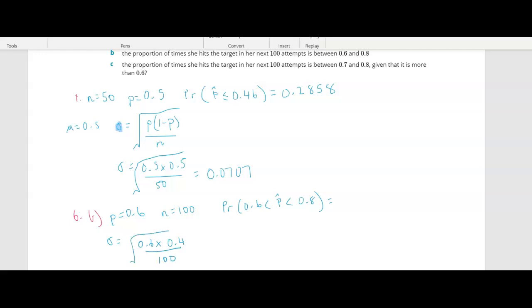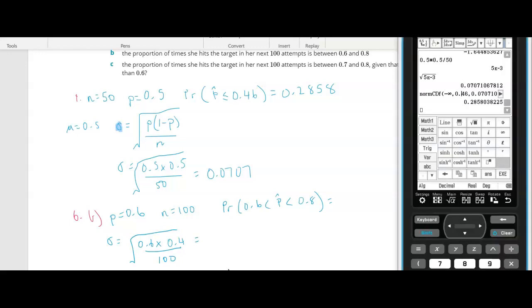And we're going to do that on the calculator. My computer can't keep up with me.